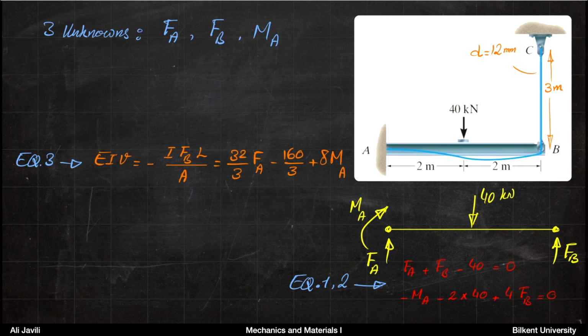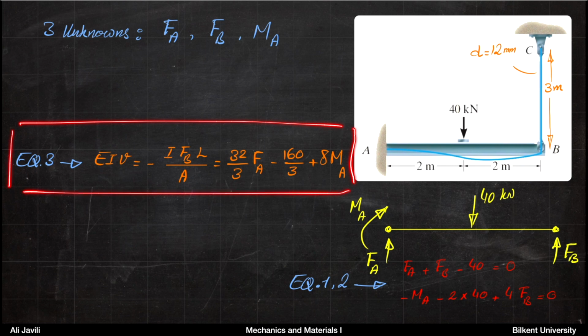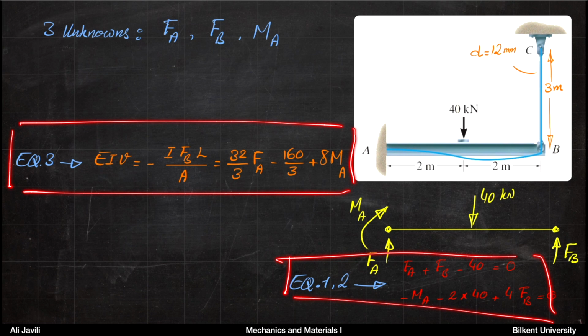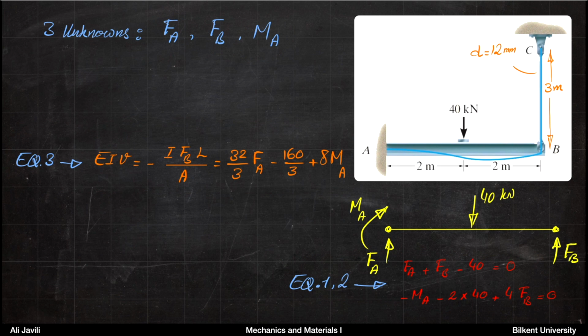So basically what you have now is this. This is your third equation. You had two equations here, and you have exactly 3 unknowns, so you would be able to solve this.